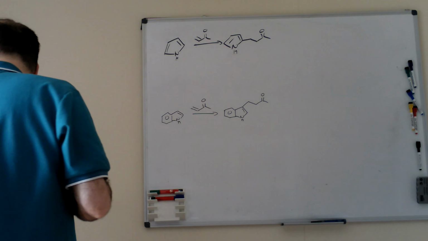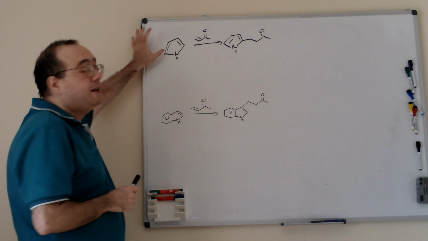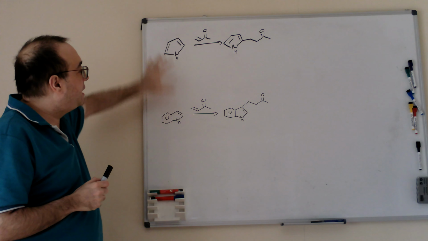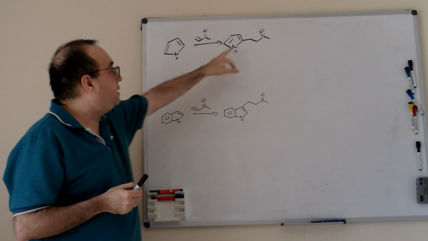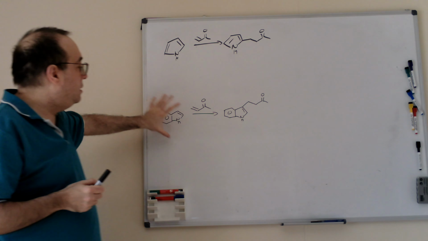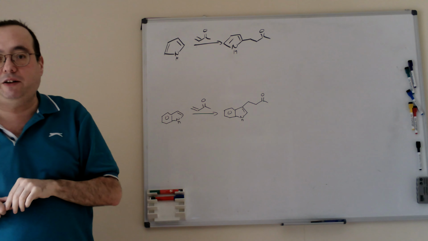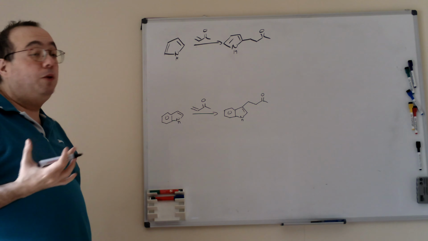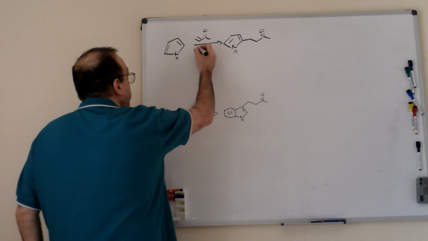Okay, the first question is about justifying why the reactivity of the indole and the pyrrole are different. That means pyrrole is orientating C2 while indole is orientating C3. As you well know, this is an electrophilic aromatic substitution.